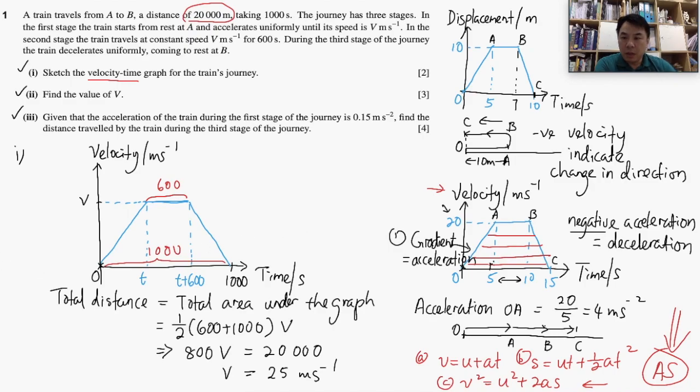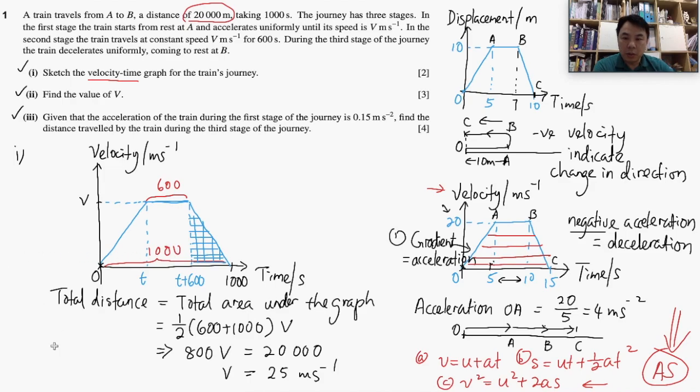The third stage basically refers to this area under the graph. So we need to know how long it takes for the train to accelerate up to 25 meters per second. That's our task here. We need to find out the t before we can work out this area.